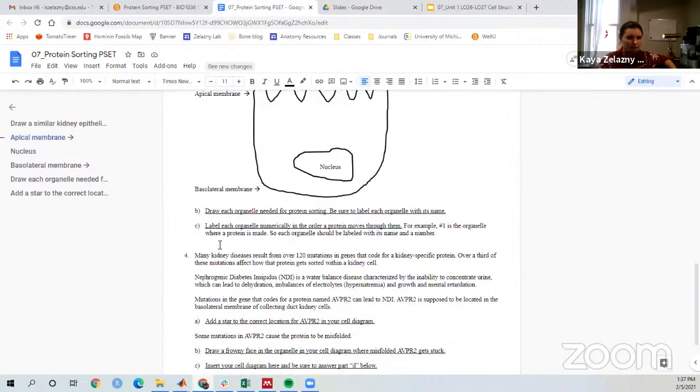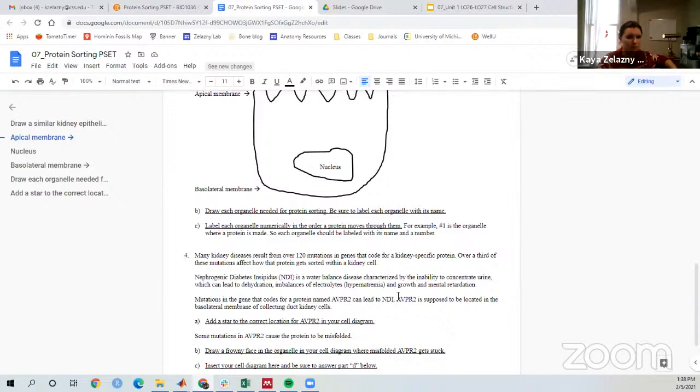And then in number 4, we're going to start thinking about this disease, NDI, which is a type of diabetes, not one of the common ones. It's kind of different, but it's a water balance disease, actually. And we're going to see that that's basically due to a miscoded protein.